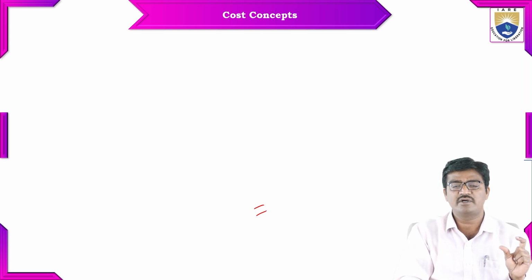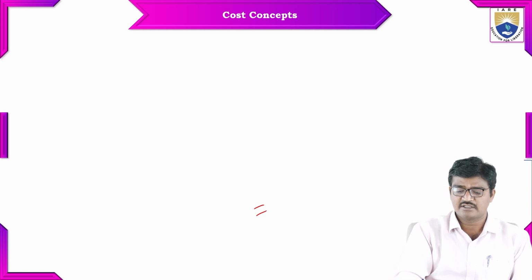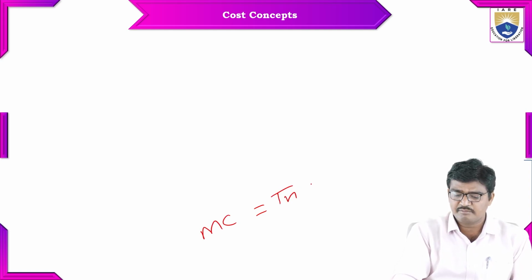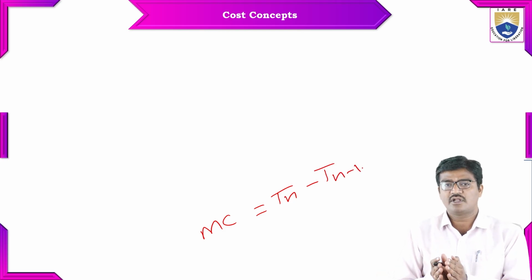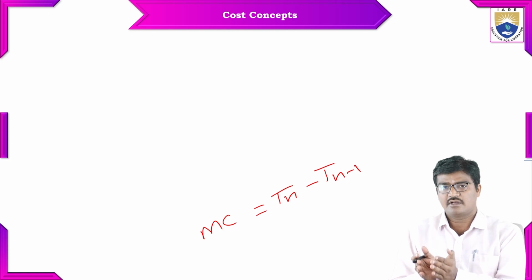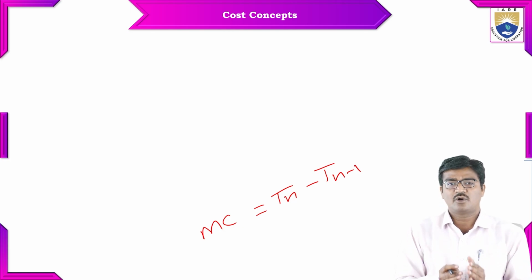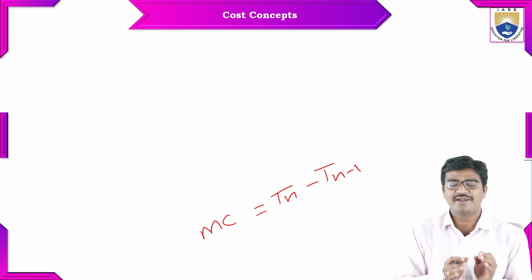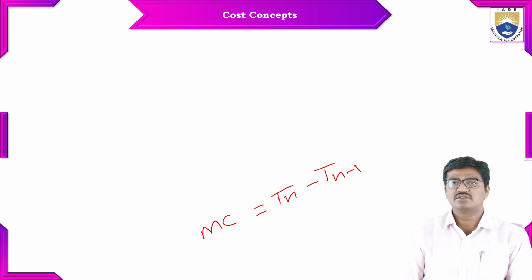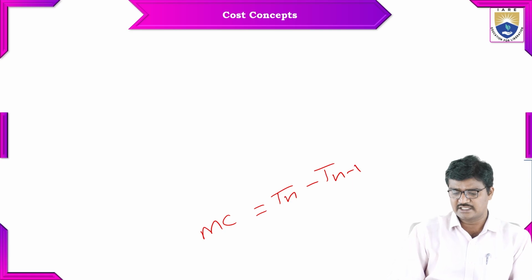That difference of amount is called marginal cost. The formula for marginal cost is Tn minus Tn minus 1. So the total cost for manufacture of n products minus total cost for n minus 1 products. This difference is called marginal cost.